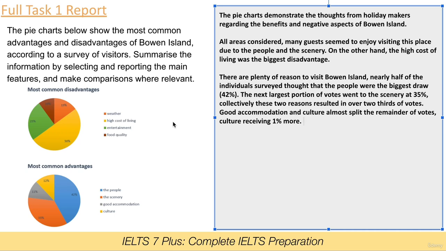The next largest portion of votes went to the scenery at 35%. Collectively, these two reasons resulted in over 2/3 of votes. Good accommodation and culture almost split the remainder of votes, culture receiving 1% more. And we could say than accommodation. So we're contrasting, comparing, and contrasting there.